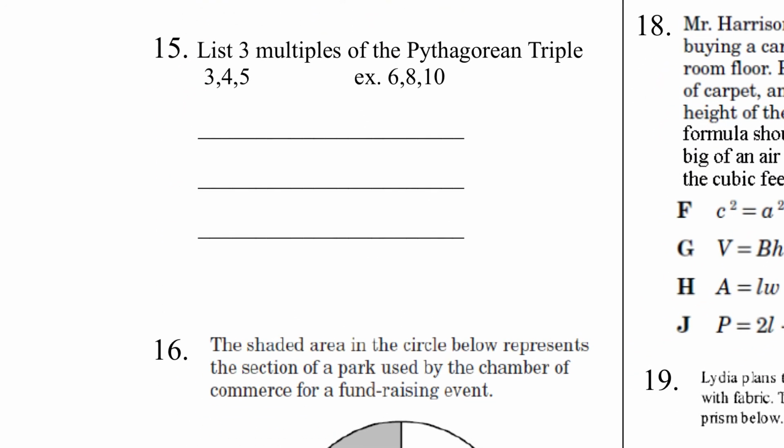Okay, number 15, list 3 multiples of the Pythagorean triple. So another Pythagorean triple is a 5, 12, 13. If you double that, you get 10, 24, 26. If you triple it, you get 15, 36, 39.